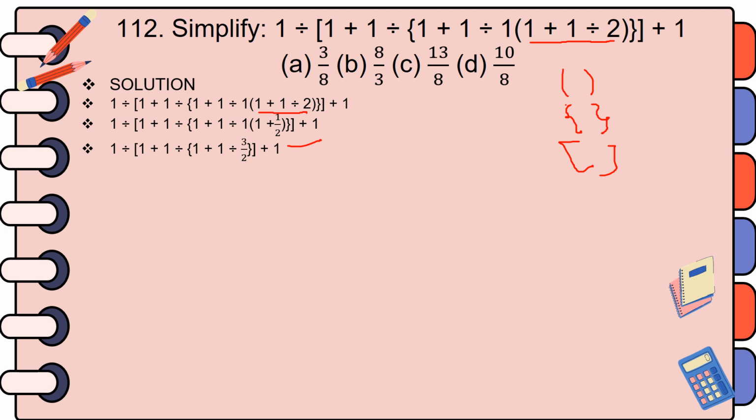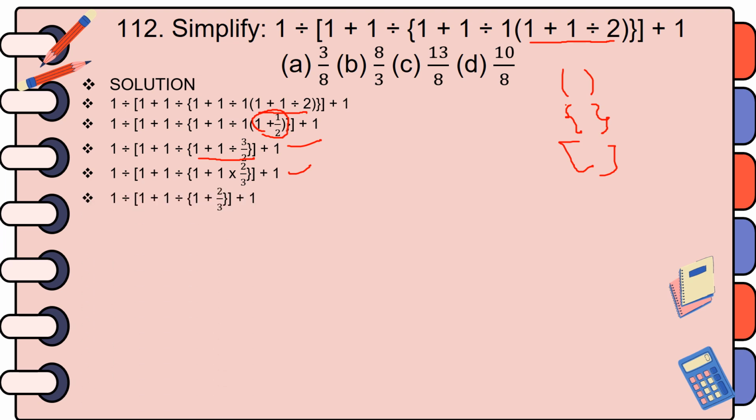Then you can rewrite this one as 3 over 2, and it becomes as such. Okay. Then 1 divided by, here in the braces, 1 divided by 3 over 2 means 1 multiplied by 2 over 3, and you can rewrite in such a way.